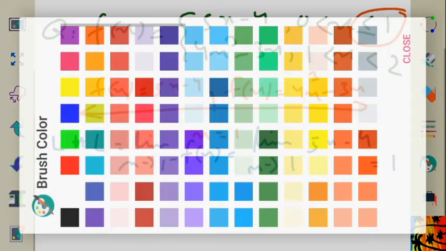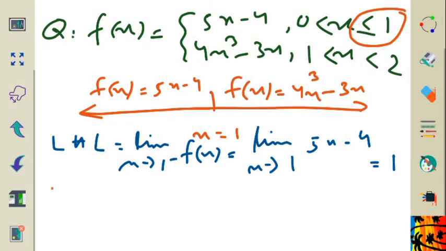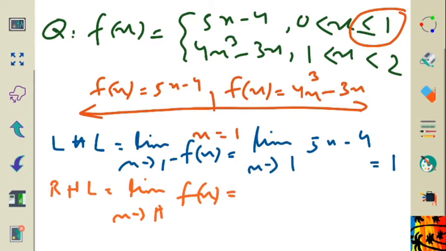Now let me see what is the value of RHL in this condition. If I take RHL, this will be limit x tends to 1 plus f(x), that is equal to limit x tends to 1, in place of f(x) I write 4x cube minus 3x. Now if I put 1, this is also 4 minus 3, which is 1.